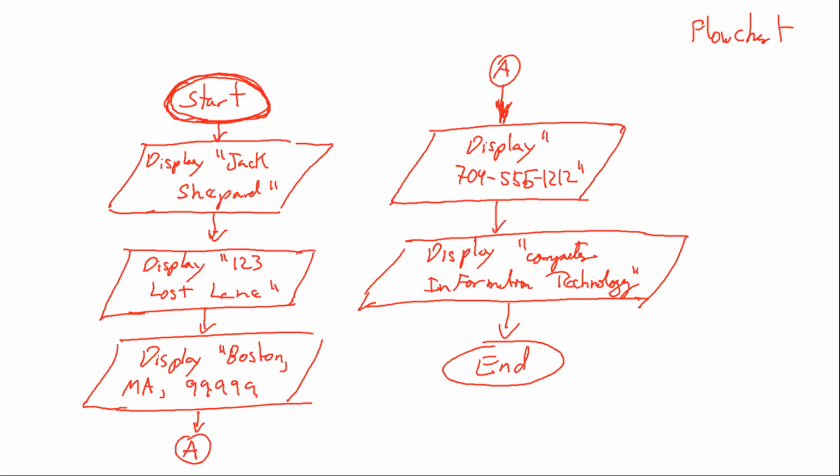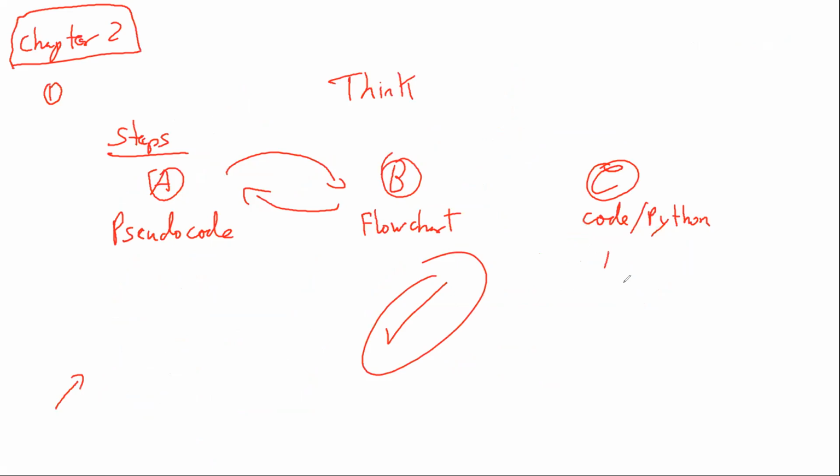So we did the flow chart. Very easy, as you can see. Very, very straightforward. So now I want to do the Python code. I'm going to show you 3 ways that we can do this in Anaconda. One is the Jupyter Notebook.